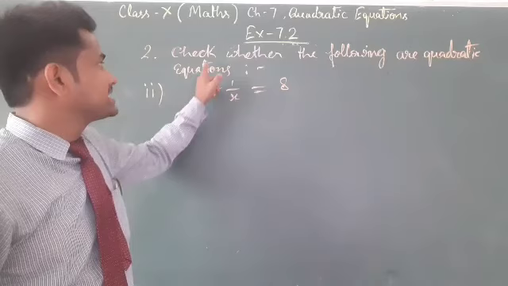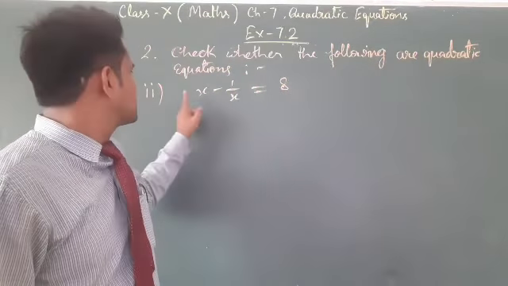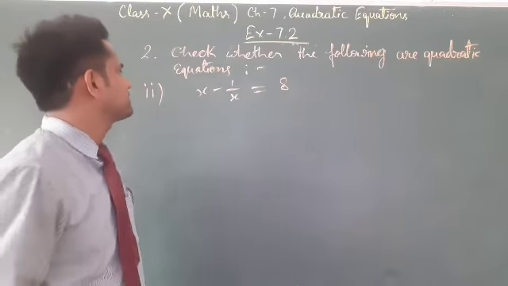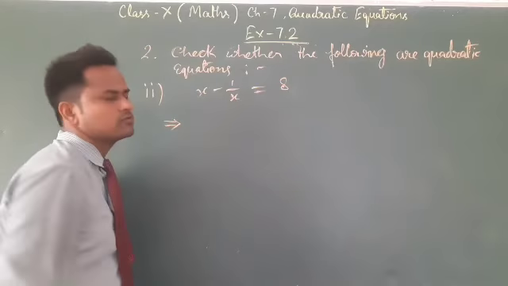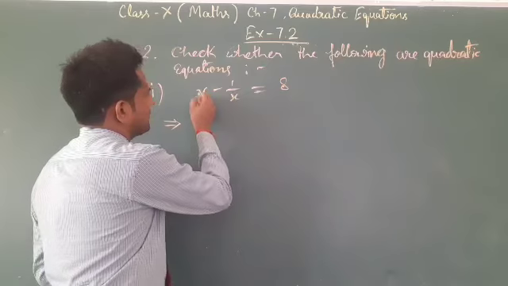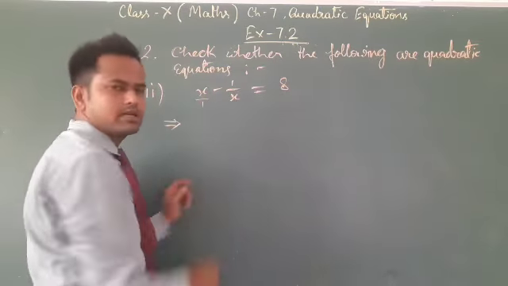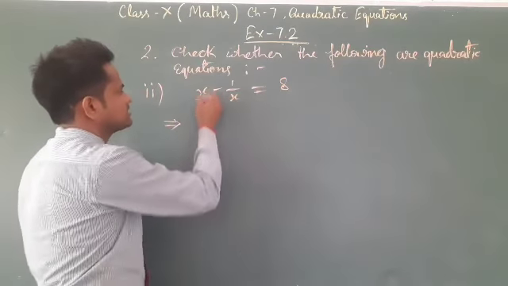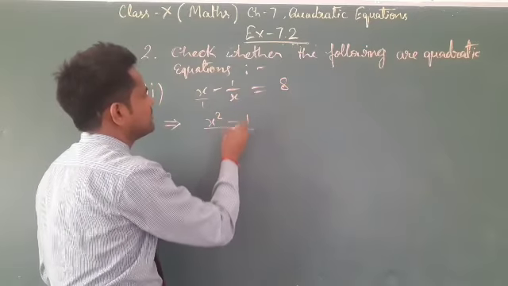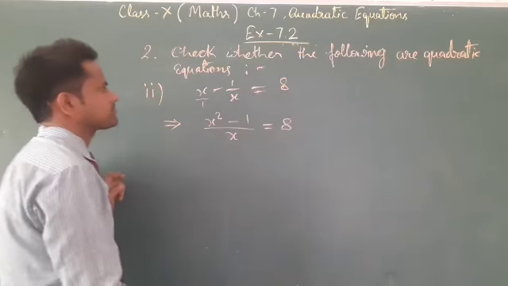Second question, check whether the following are quadratic equations. Second part, x minus 1 by x is equal to 8. First you have to simplify. Then we will get x can be written as x by 1, x into x, you have to cross multiply to each other, x into x, x square, 1 into 1 minus 1, and 1 into x will be x is equal to 8.